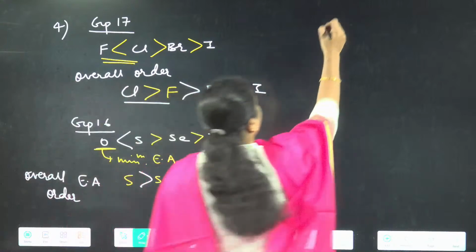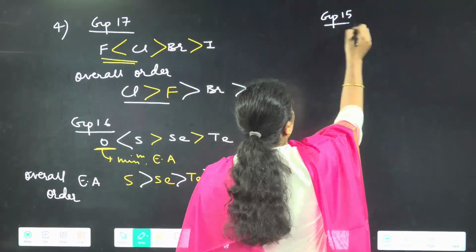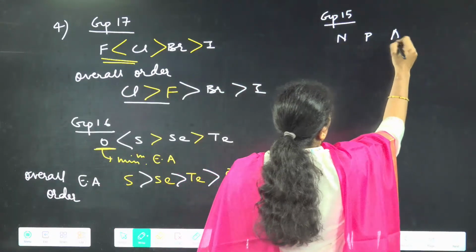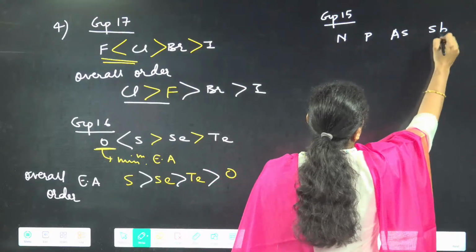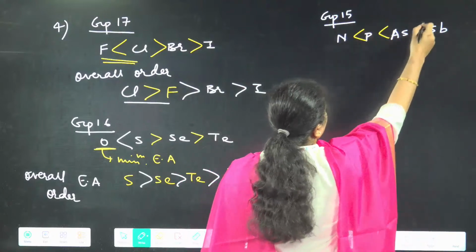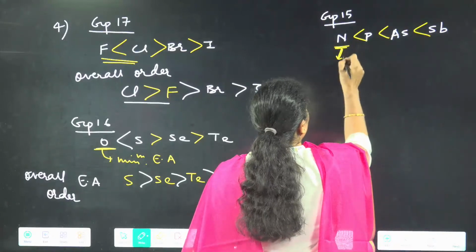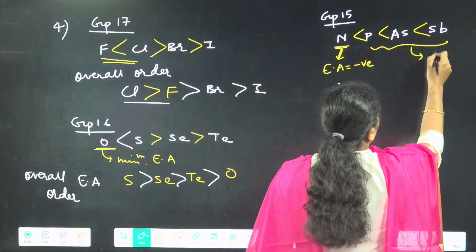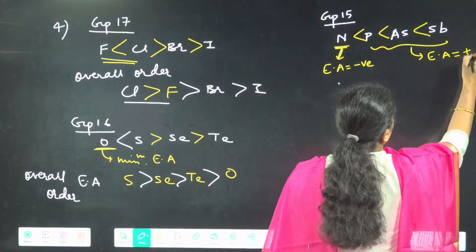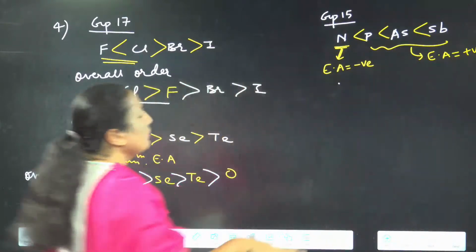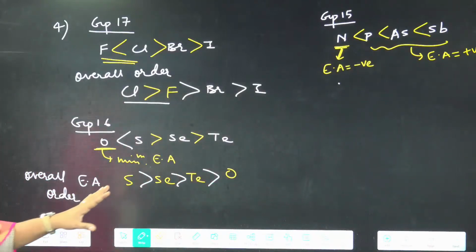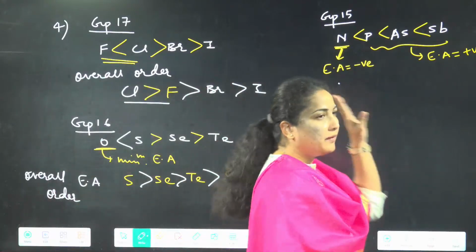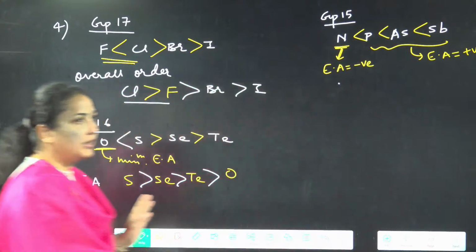Now for group 15, you have nitrogen, phosphorus, arsenic, antimony, and it is seen that it increases down the group. Increasing in the sense that for nitrogen electron affinity is negative and for the others it is positive. For the rest of the members I am not writing, and whatever orders I have written are purely based on the values we have for electron affinity.